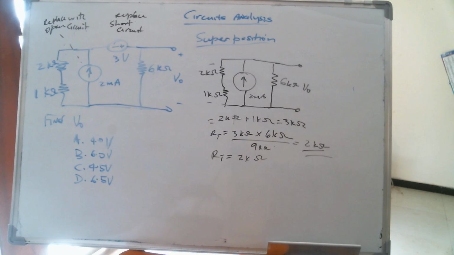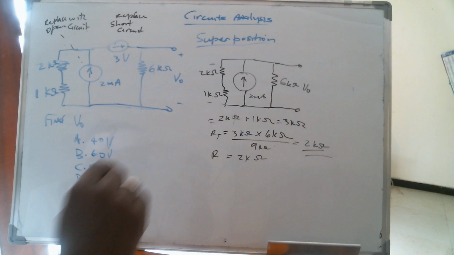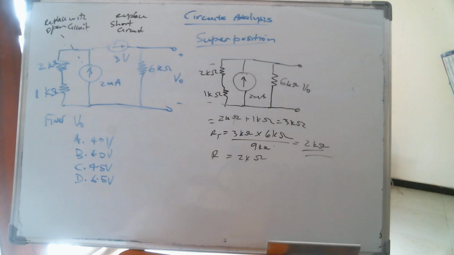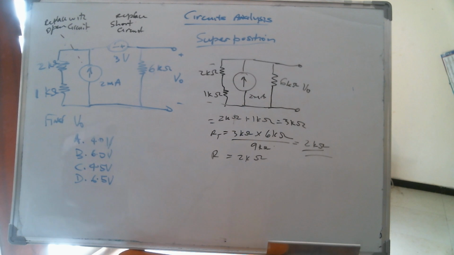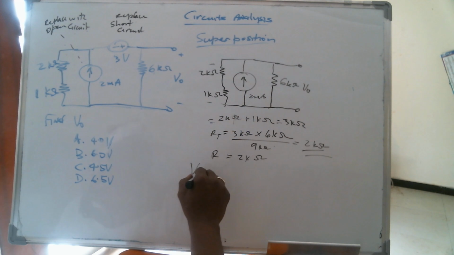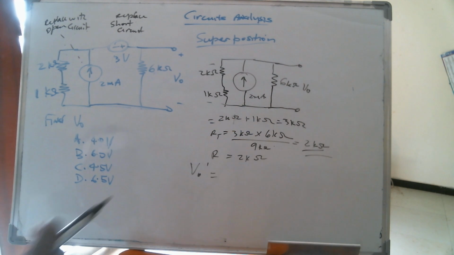Now you get that 2K ohm for resistance, R sub T. Let's say it's R for now. Now to find V sub naught prime, how do we work that out?